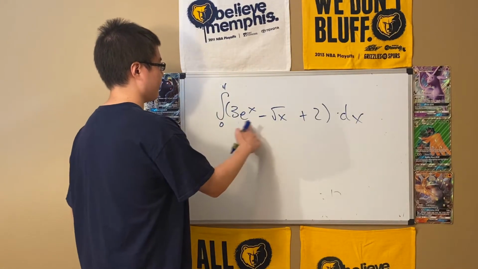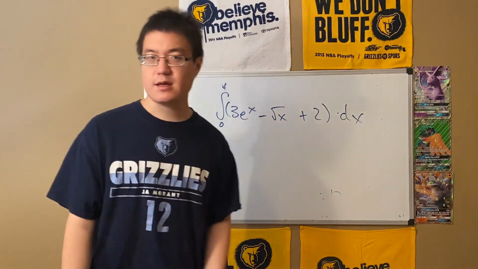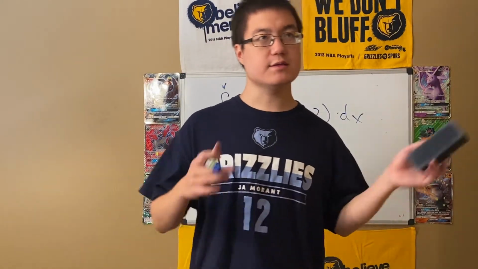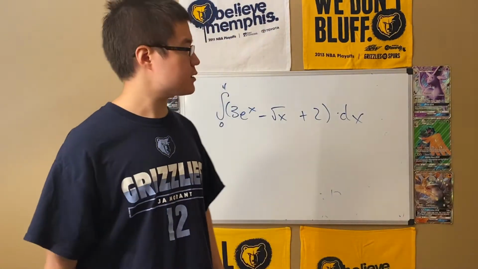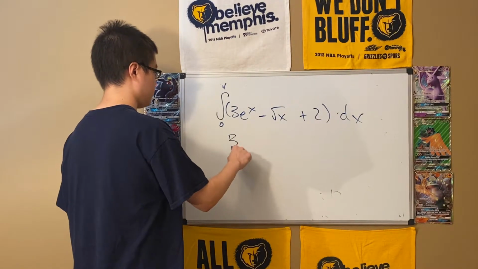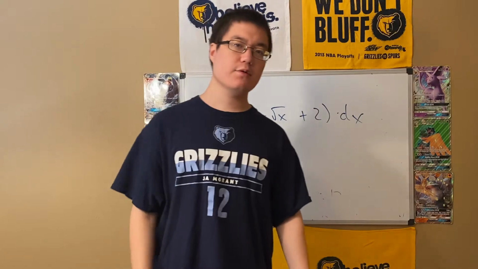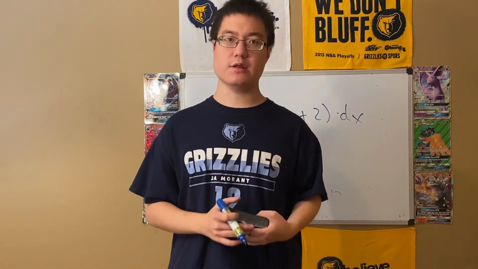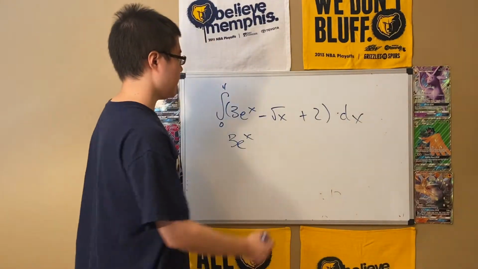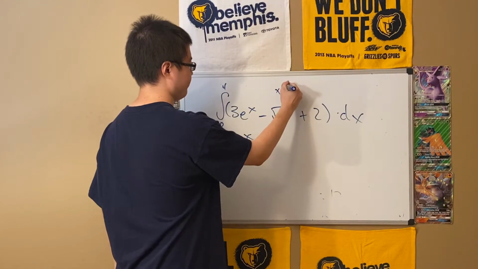So the antiderivative of 3 e to the x, I love to see e to the x because the derivative of e to the x is e to the x, so the antiderivative of e to the x is e to the x. So we have 3 e to the x. This one, again, is going to be the power rule. The power rule is the best rule, but in order to use the power rule, oftentimes it's good to change it to a power. So on the side, I'm going to write it as x to the 1/2.